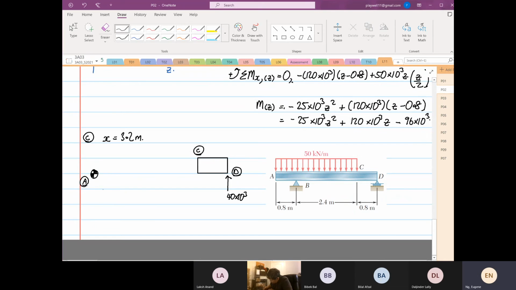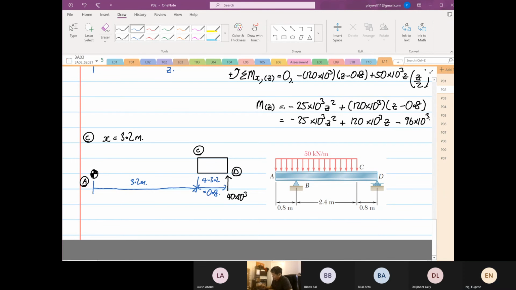We know this distance from here to here. Let me use a different color. So this distance is 3.2 meters. Then the distance from here to here is 4 minus 3.2, so this is equal to 0.8 meters.